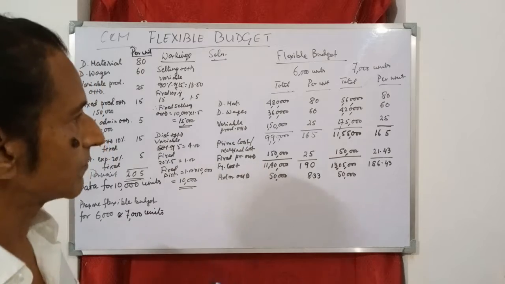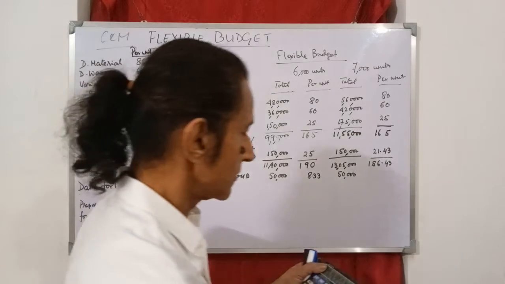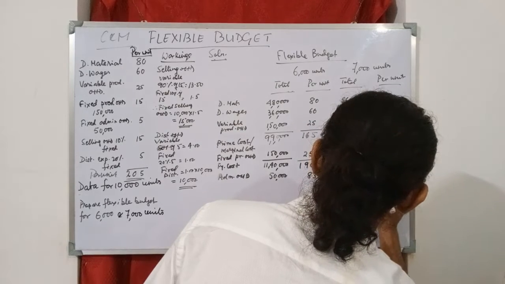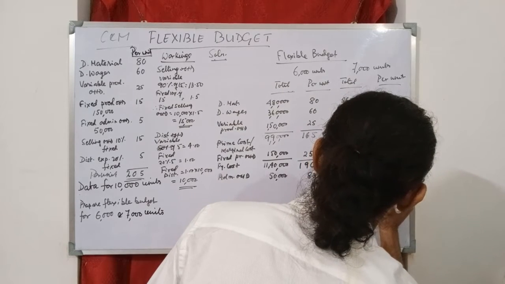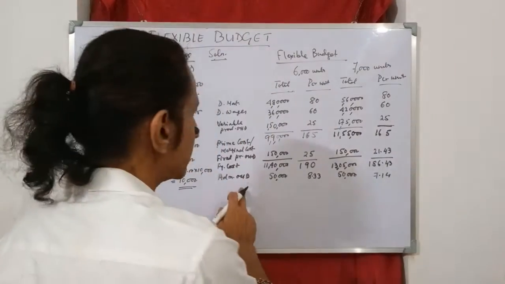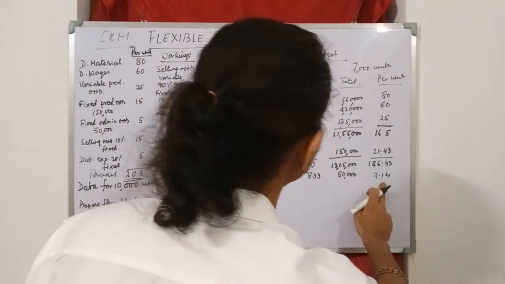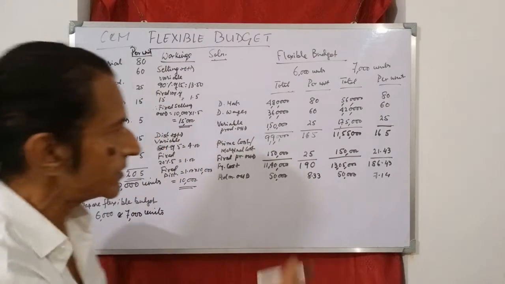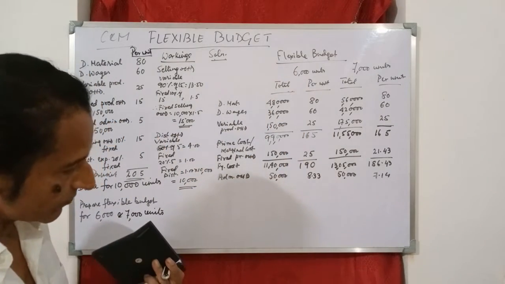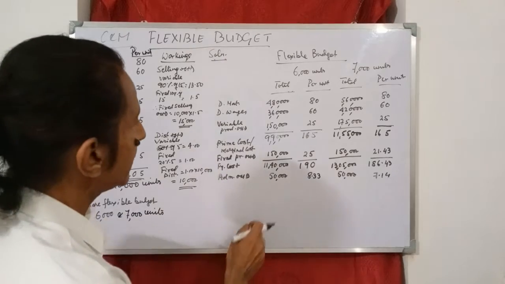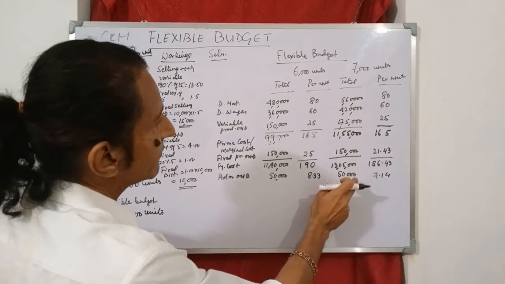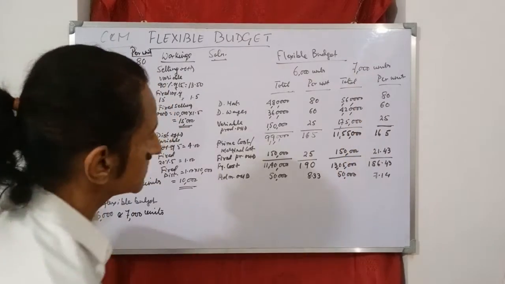It comes to 7.14. This is the administrative overhead per unit: 7.14 for 7,000 units and 8.33 for 6,000 units. How have we found that? By dividing 50,000 by 6,000 here, and here by dividing 50,000 by 7,000.